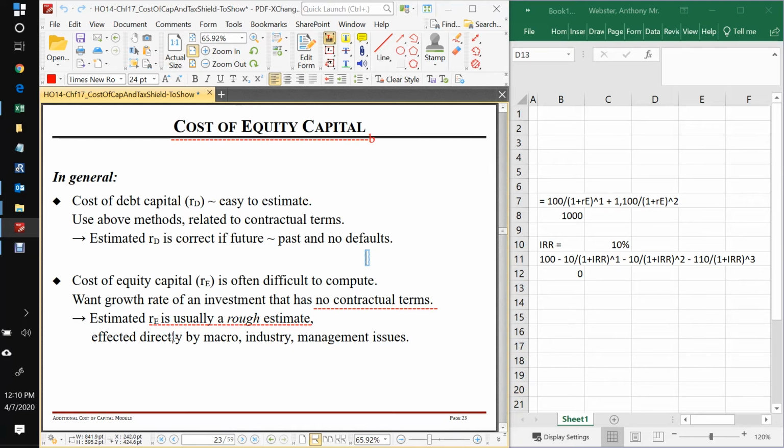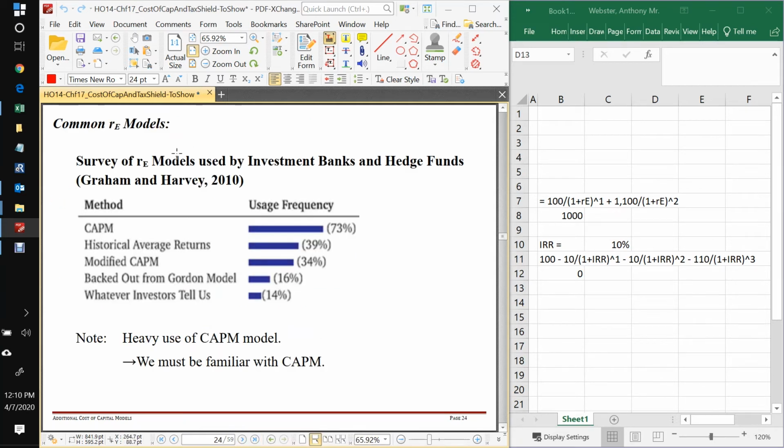Okay, and in general, the cost of equity capital is going to be directly affected by industry conditions, management issues, macroeconomic issues, etc. So with that said, there are a bunch of common models for determining the cost of equity capital for an entity.